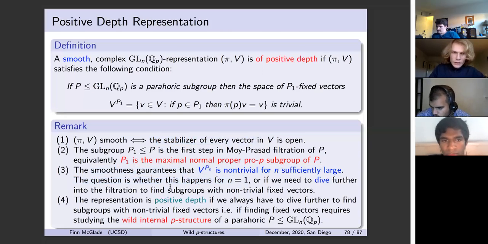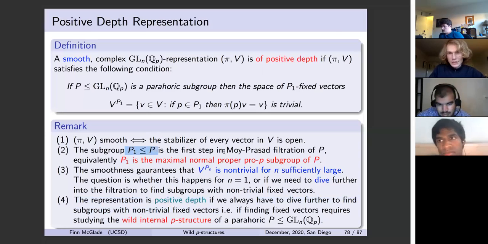Is it always possible to find non-trivial fixed vectors at the first step of the filtration, or do you legitimately need to go deeper into the filtration to produce these fixed vectors? If you always have to go deeper, then you say the representation has positive depth.